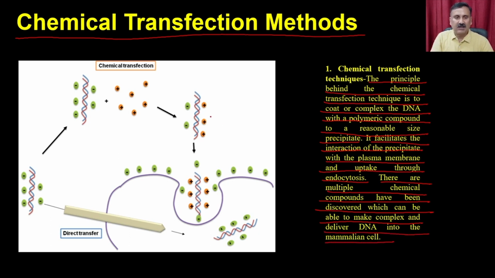into the mammalian cells. So in a chemical transfection method, because you know that the DNA is negatively charged, you can add chemical agents which are positively charged. Once you add the positively charged agents, they are going to make a complex with DNA, and as a result they are going to make a visible precipitate, and this visible precipitate is going to be taken up by the cell with a process called endocytosis.